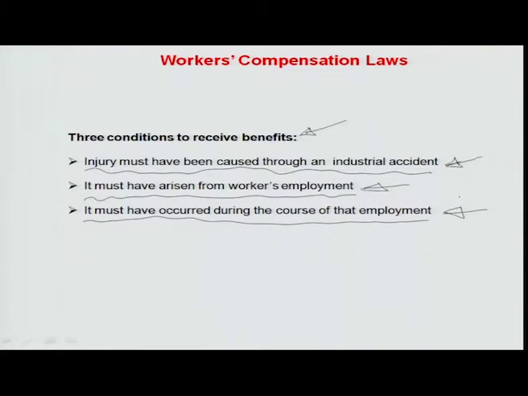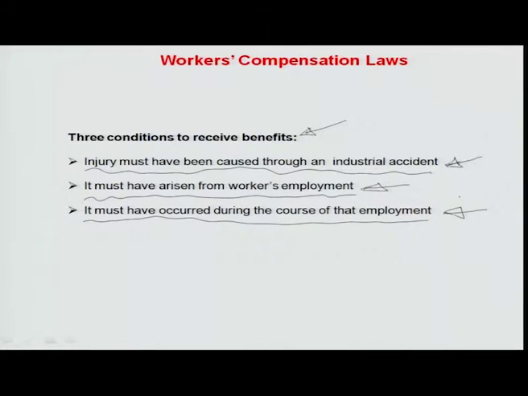So, somebody who is retired and has met an accident may not be able to go back to a work system and claim compensation for getting injured, or even a fatal death, in an accident after he has left the place of employment.